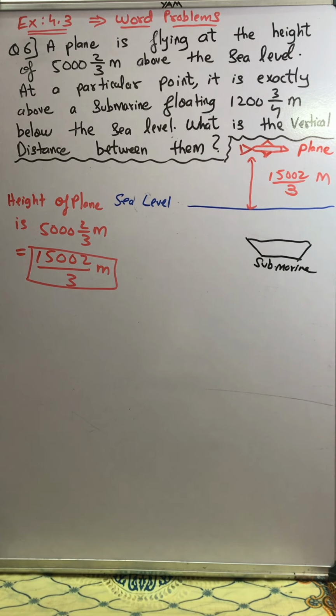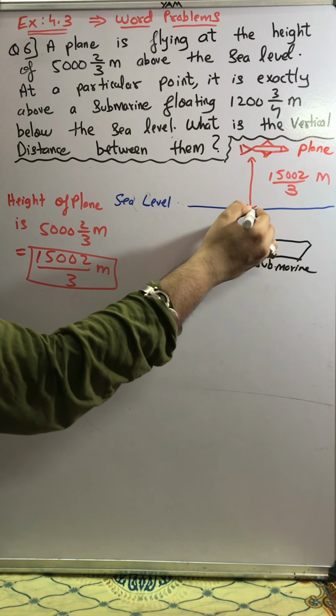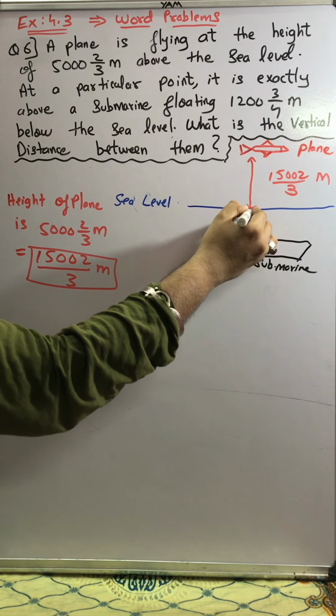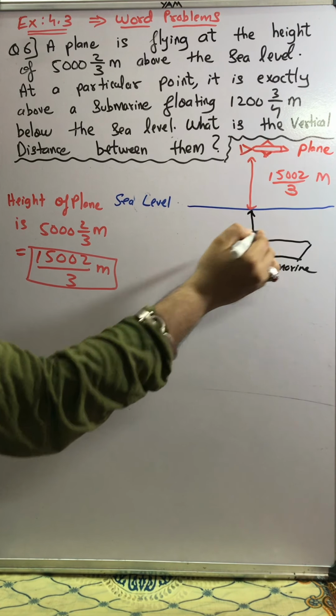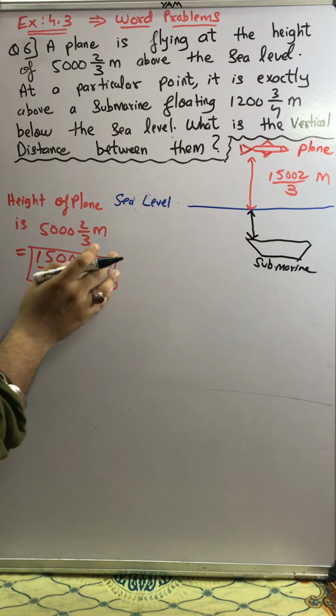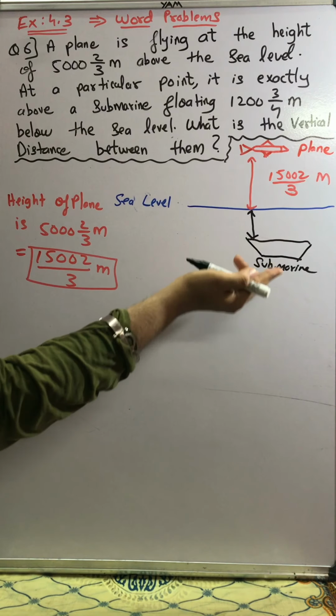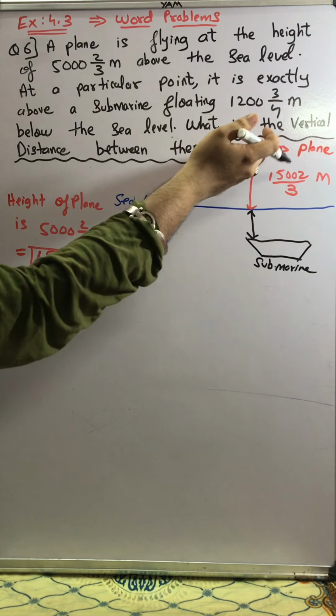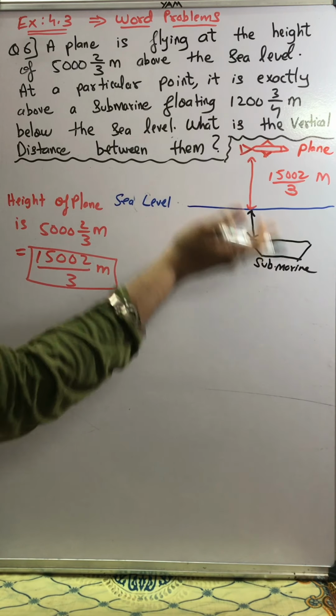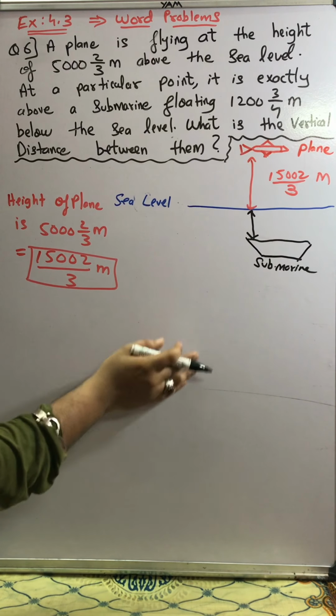At a particular point, it is exactly above the submarine. It means what? Talking about the plane. Plane is exactly above the submarine.